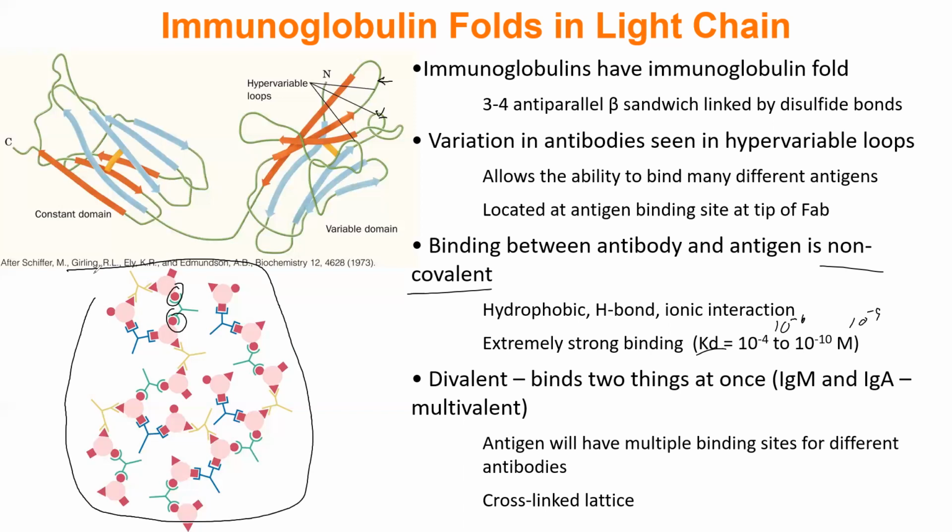You just get this huge pile of antigen and antibodies all building up. And this is one of the things that can signal the rest of your immune system to come over and start clearing this out. So white blood cells can come over and just start eating this whole mess for you.